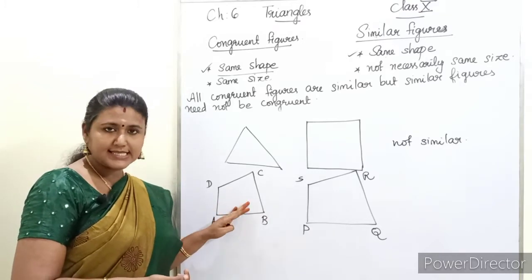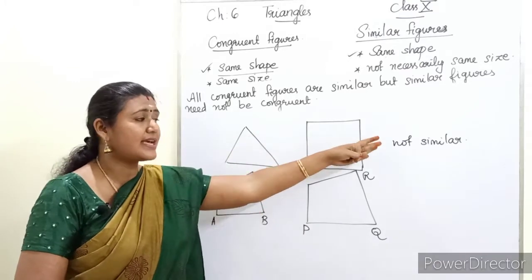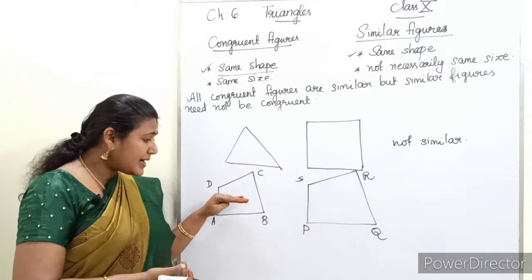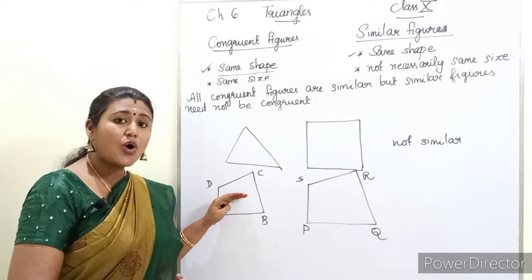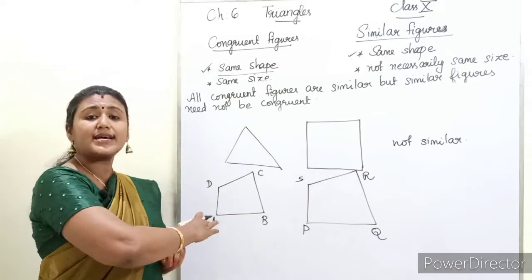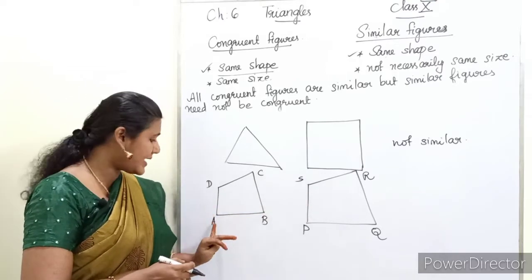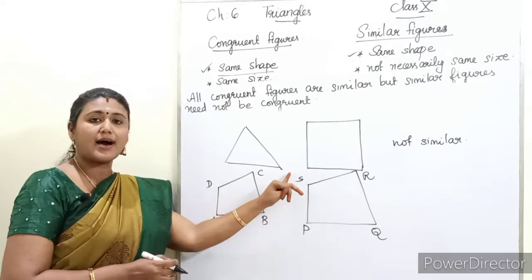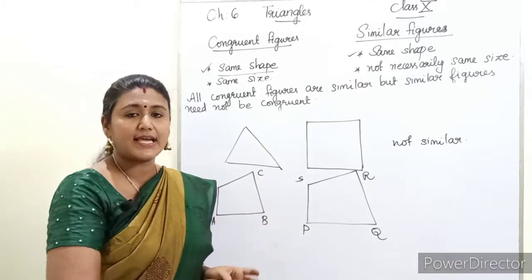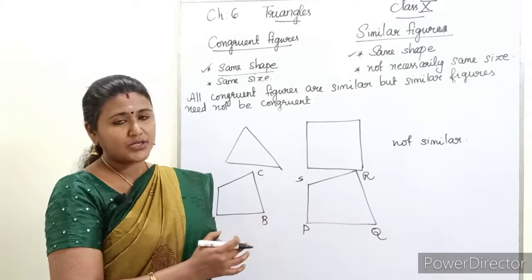In the first example, just by seeing the figures we can say it is not similar. But in the second case, it is not easy for us to say whether they are similar or not, because the shapes are same. I have drawn two quadrilaterals ABCD and PQRS. Here the shapes are same, so we cannot say 100% whether these are similar or not.